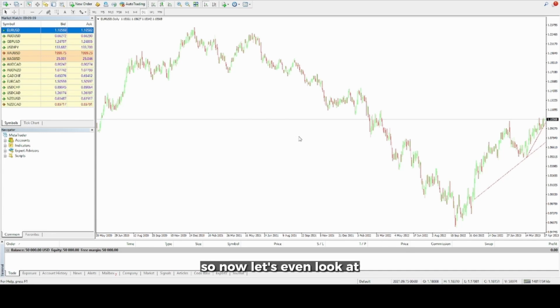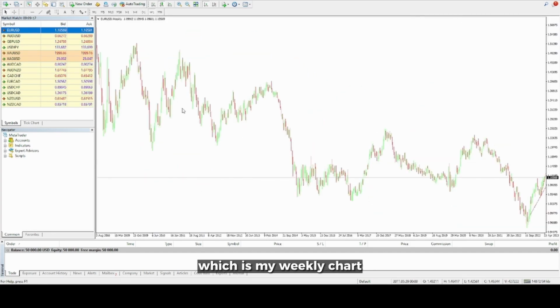Now let's zoom out further. Let's look at the weekly chart and see how that looks. Okay, let me click on W1, which is my weekly chart. Now that's telling me another story, because this weekly chart, if you zoom in here, goes all the way back to 2008 till date. From 2008 on EUR USD, the price is declining.